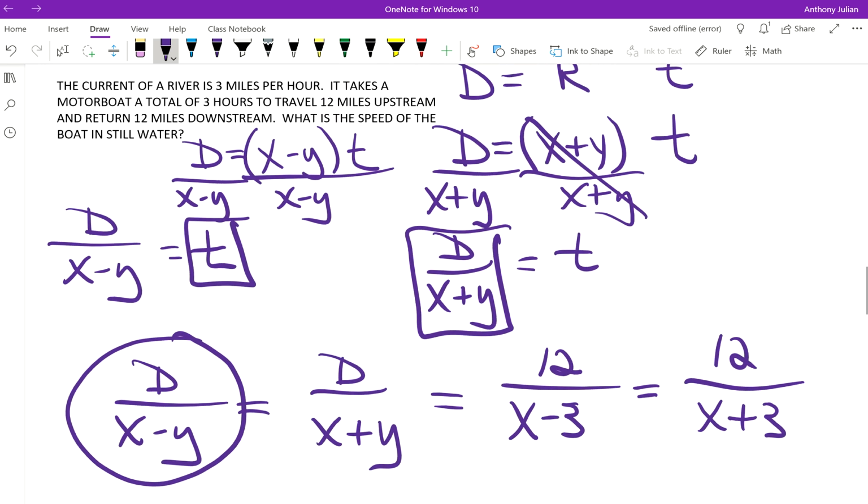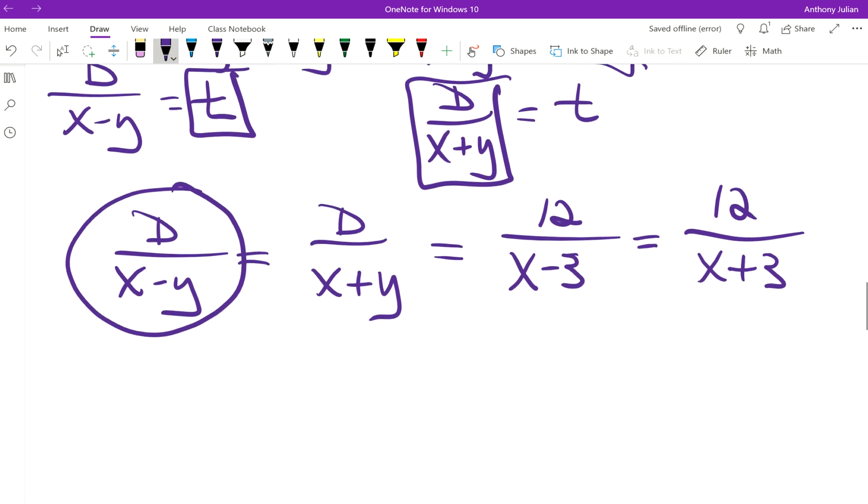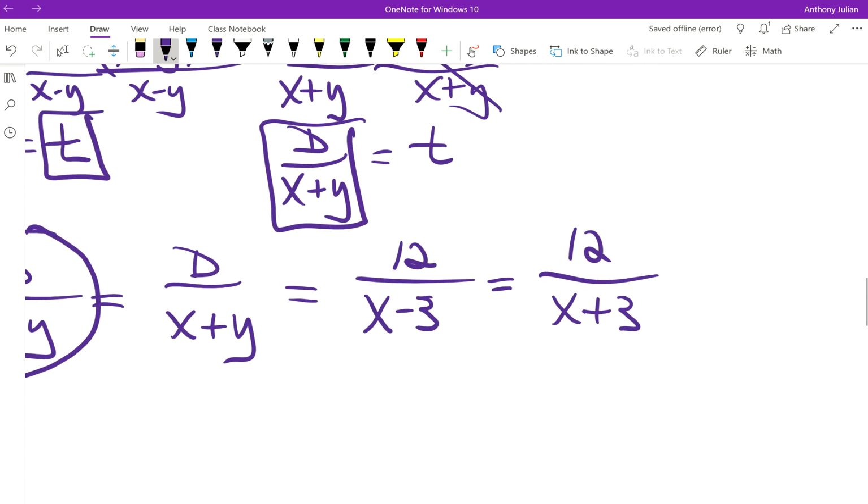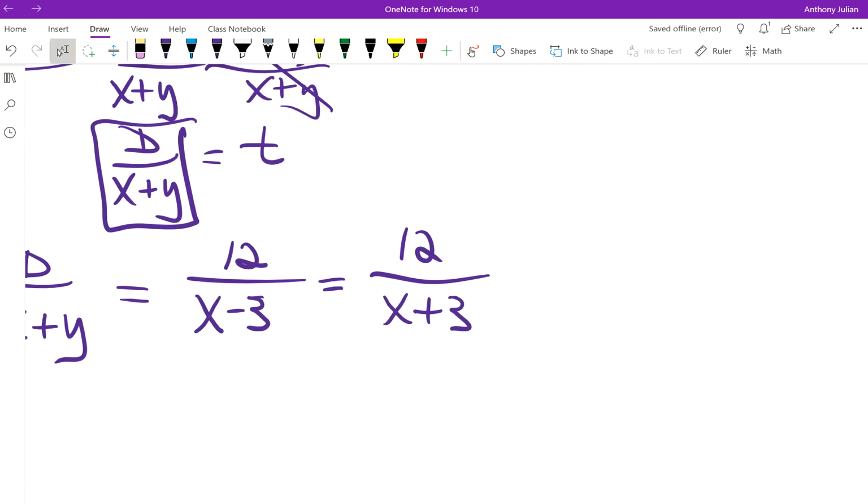But now they've given us a problem that's probably one of the harder ones because it's not separated about the time. In this case, it says the total time it takes to go there and back is 3 hours. So what I want to do is take this where I was at.